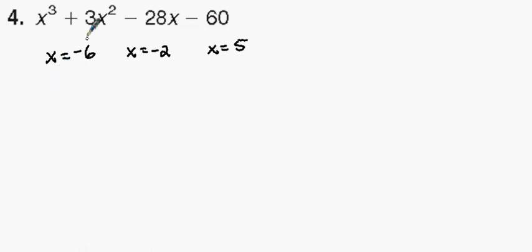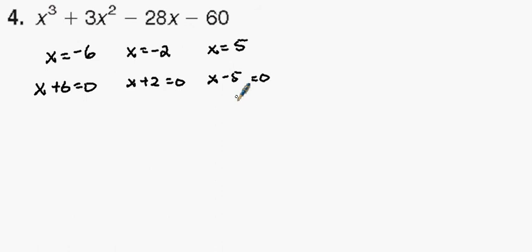Well, kind of going backwards in the process that we're used to, that would mean if x equals negative 6, that means that x plus 6 equals 0. That would also mean that x plus 2 equals 0. And this would tell me that x minus 5 equals 0.